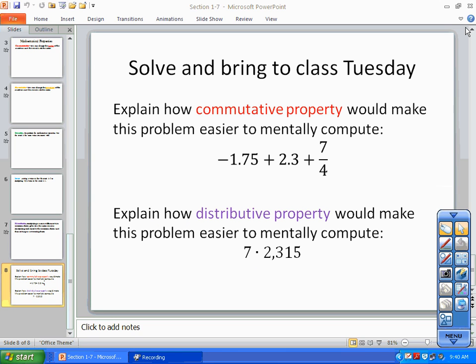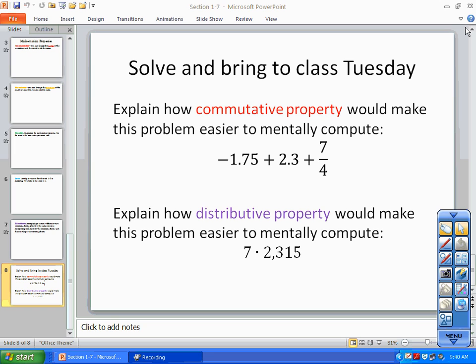As we end this video presentation, I would like to give you 2 more problems to consider and bring to class on Tuesday. Problem number 1. Explain how the commutative property would make this problem easier to mentally compute.